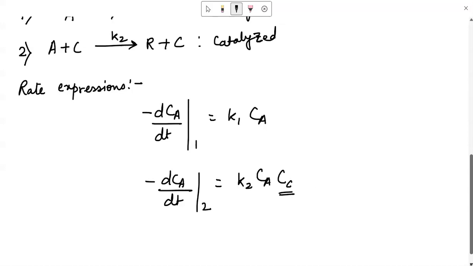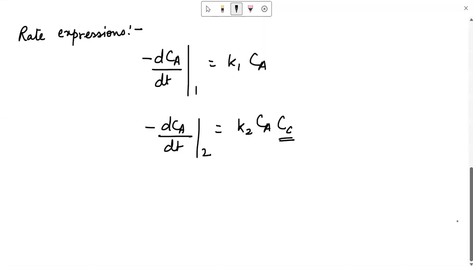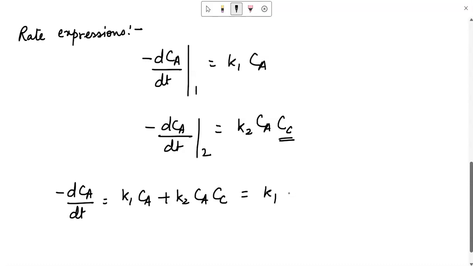If you want to write the overall rate of reaction with respect to reactant A, you write minus dCA/dt equals K1 CA plus K2 CA CC, which simply means (K1 plus K2 CC) multiplied by CA. This becomes your overall rate equation.